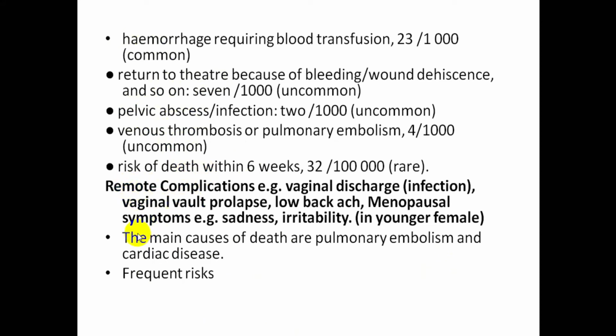Remote complications include vaginal discharge, infection, or vaginal vault prolapse after hysterectomy, and menopausal symptoms, sadness, irritability in younger females. The main causes of death are pulmonary embolism and cardiac disease.